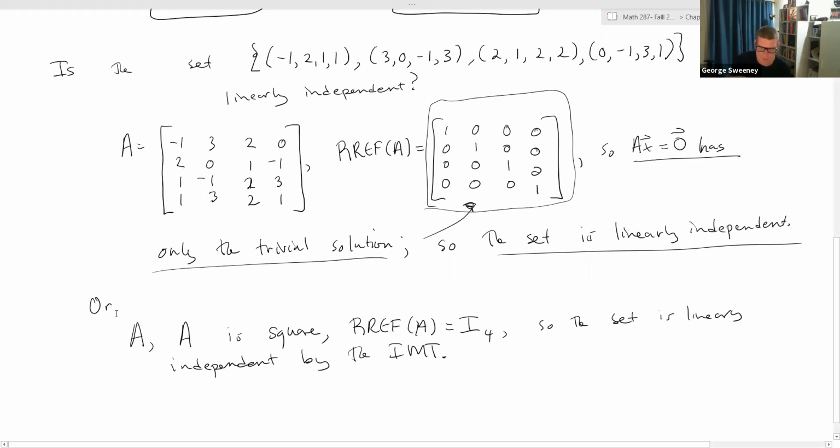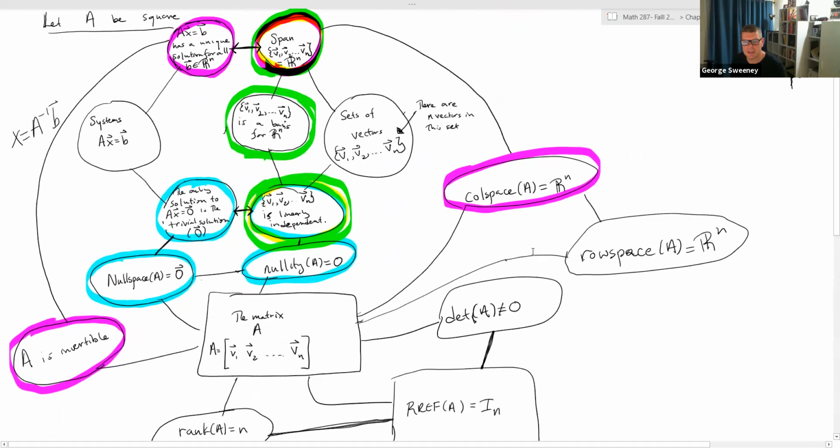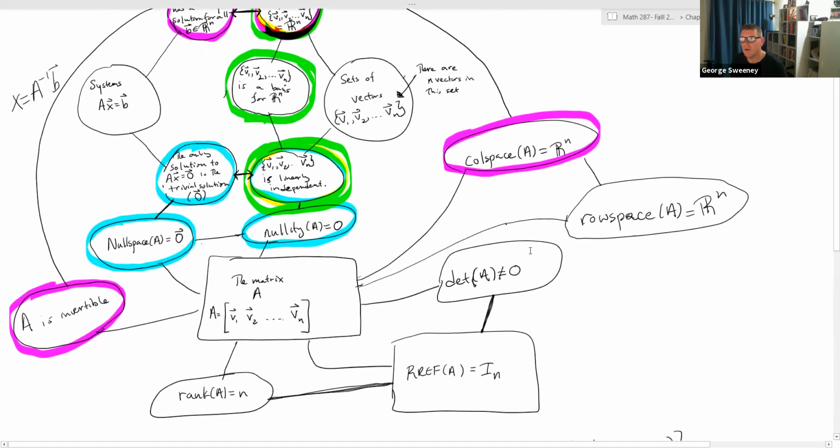Or another explanation is to just skip the Ax = 0 is only the trivial solution, because once A is square, remember how this works. The invertible matrix theorem says if one is true, all are true. You guys remember that?